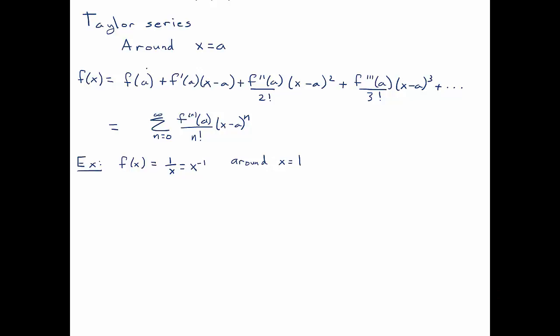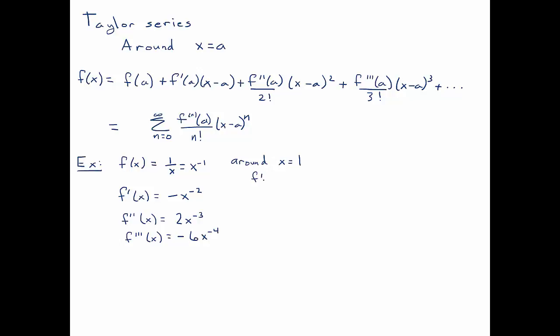Okay, let's start taking our derivatives. So our first derivative is minus x to the minus 2. And our second derivative is 2x to the minus 3. And our third derivative is minus 6x to the minus 4.